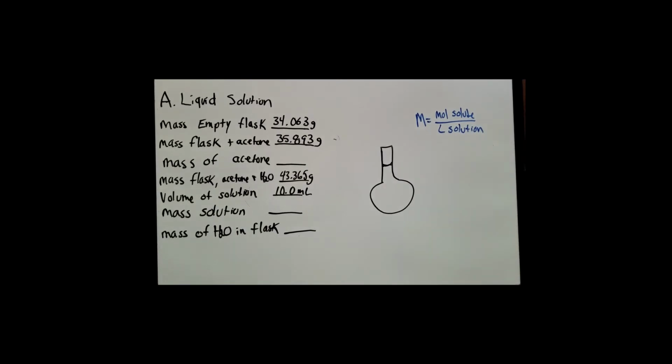What we're looking at today is, in this volumetric flask, we're making an acetone water solution. We first put some acetone in this flask and take the mass. That's where the mass of the flask and the acetone comes from. Then we fill that flask up to the 10 mL mark with water, and we mass it again, which gives us the mass of the flask, the acetone, and the water together.